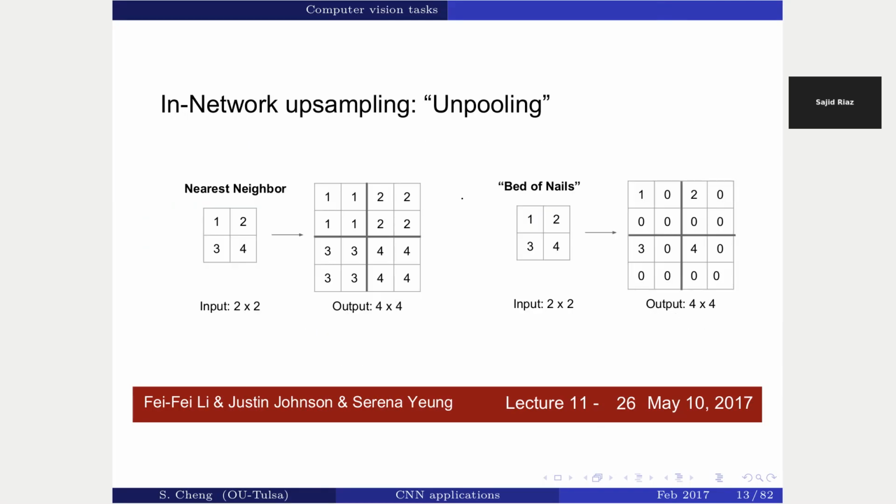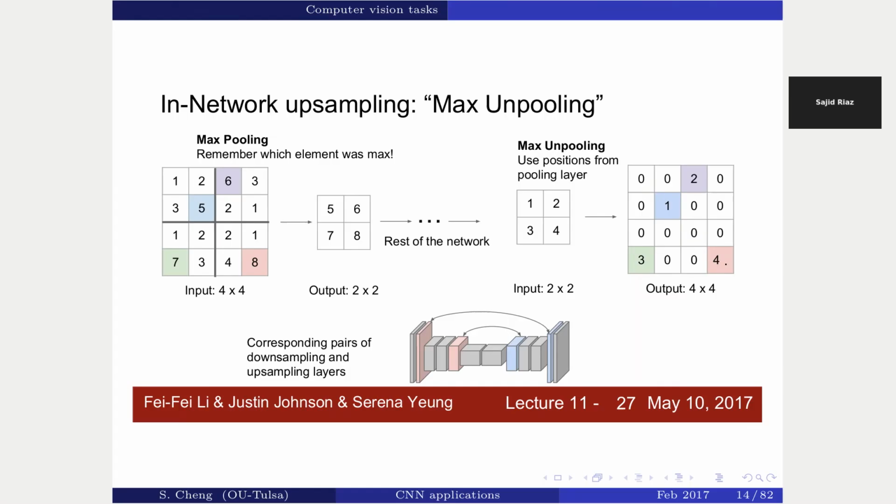Several ways we can do it. We can do nearest neighbor, or we can do something like a bed of nails, where instead of filling everything with the same value, we just fill in some of them. And if we do max pooling in the early layer, a better way is max unpooling.